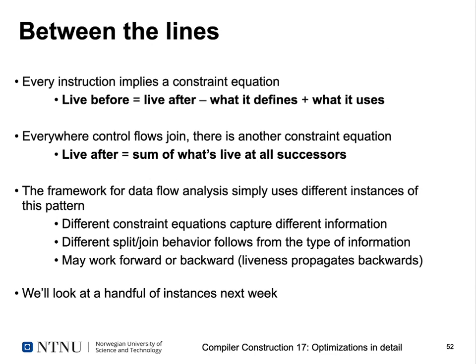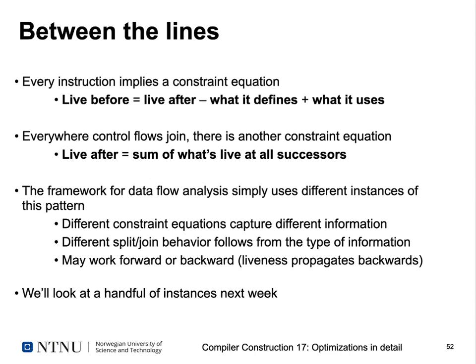And this is the basis for a framework we use for data flow analysis, and this framework simply uses different instances of this pattern. So we can have different constraint equations to capture different information, we can have different behavior for splits and joins of control flow, and this follows the type of information we're after. And this may also work forward or backward through our program.